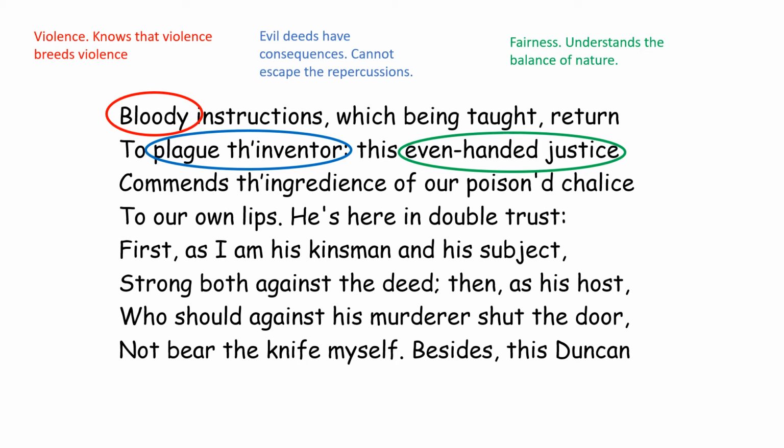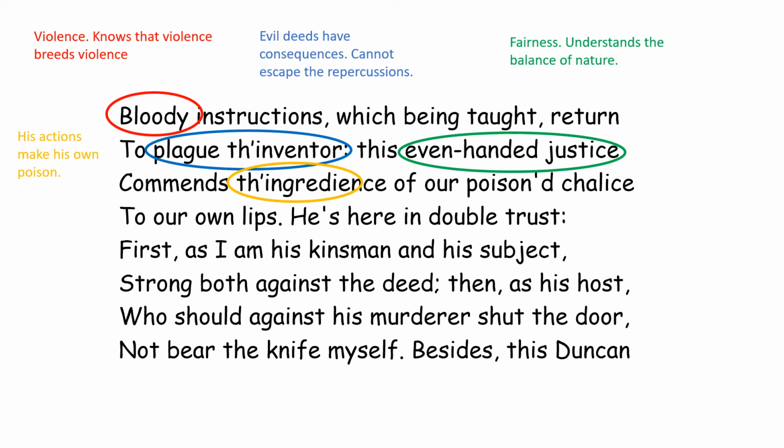Harmonious society only exists because everybody chooses to do what's right. And as soon as someone decides to subvert those expectations, that's when things become out of balance, but balance eventually gets restored. So if he does tilt the balance in his favour, at some point the balance will be tilted away from him too. And this even-handed justice commends the ingredients of our poisoned chalice to our own lips.